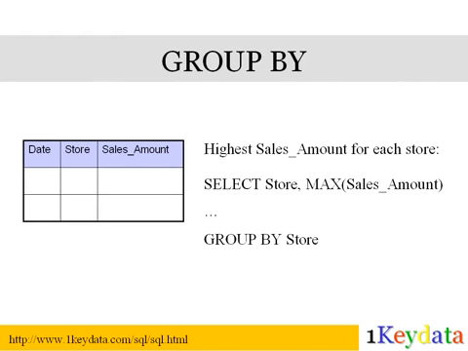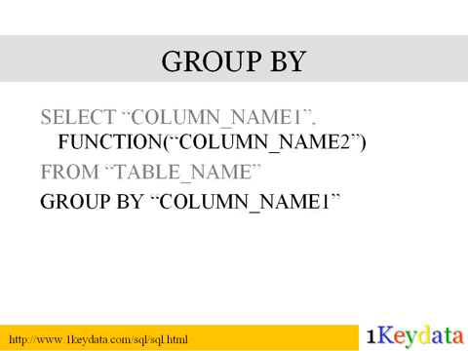Often, the columns in the group by phrase are the same as the columns in the select statement, but this is not always the case. To recap, the general syntax for group by is select column name 1, comma, function column name 2, from table name, group by column name 1.